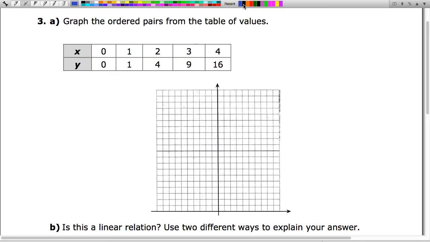And so let me just label these as our y and our x axes. And it might be a good idea to indicate the size that we're looking at here. So this is 1, 2, 3, 4, 5, 6, 7, 8. So this is the scale that I'm going to use on this axis. -1, -2, -3, -4, -5, and so on.